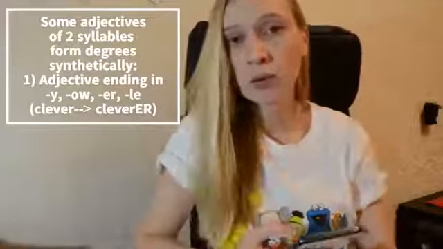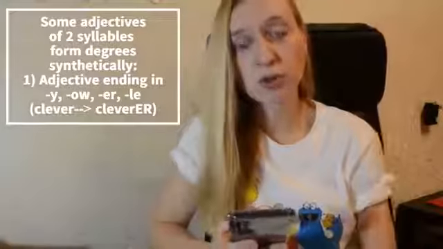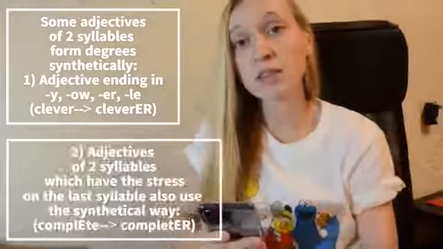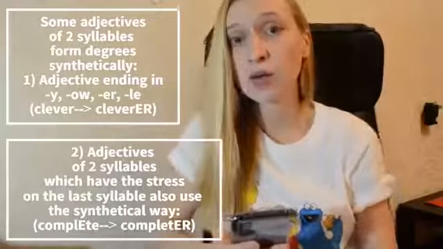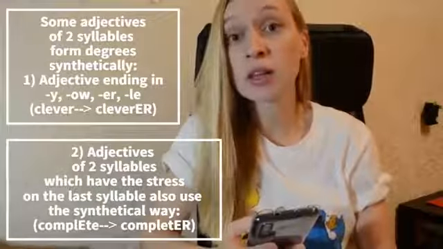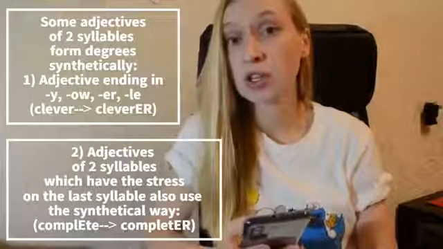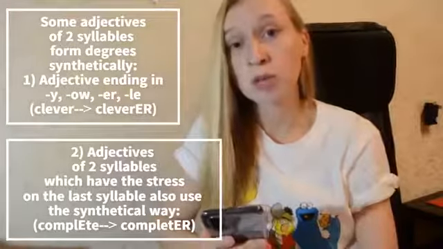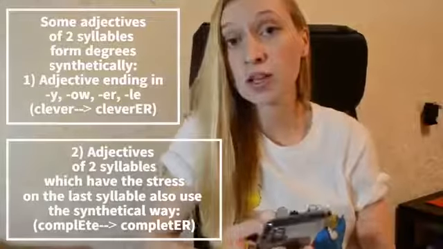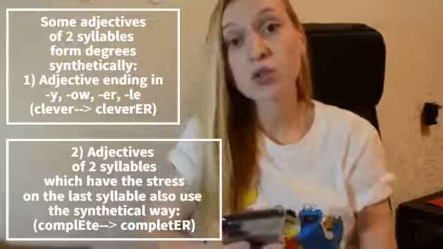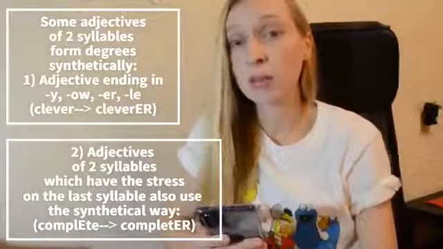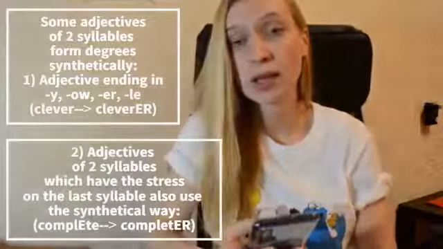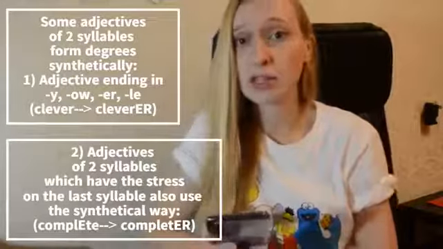And among those words which have two syllables but also follow the synthetical pattern are also words that have the stress on the last syllable, such as complete. This word consists of two syllables, but the stress falls on the last one. That's why we actually use the synthetical way of forming comparative forms for this word, like completer and completest.